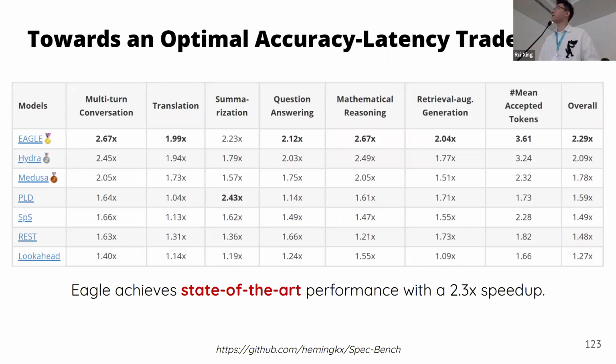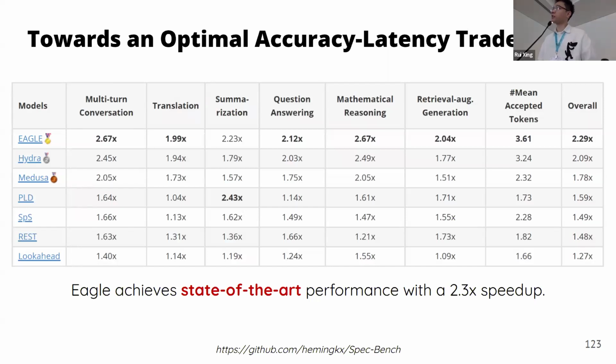And in this table, Eagle is the current state-of-the-art method in Spec-Bench, the evaluation benchmark of speculative decoding. We can see that it achieves the best speedups across most scenarios, except for summarization.